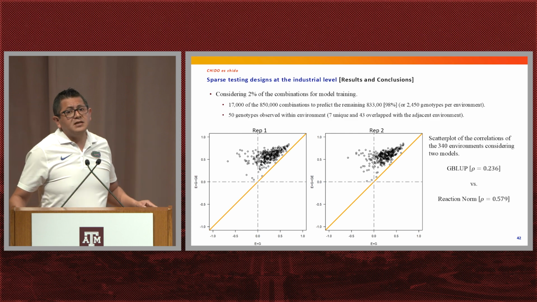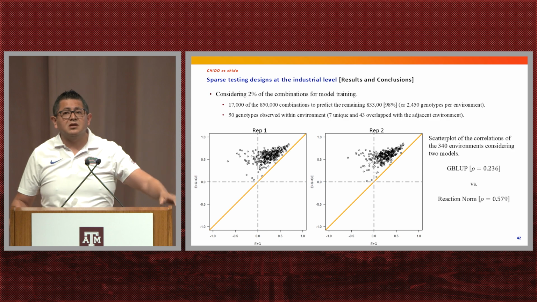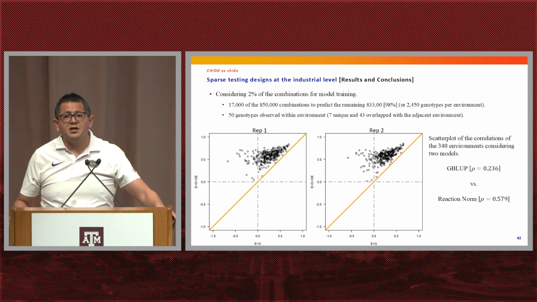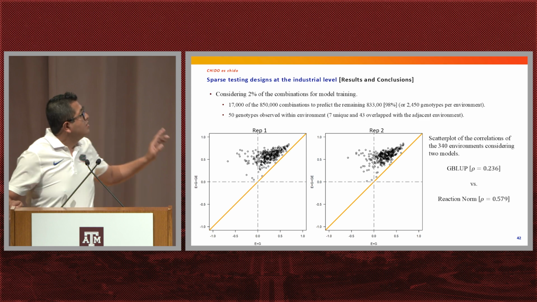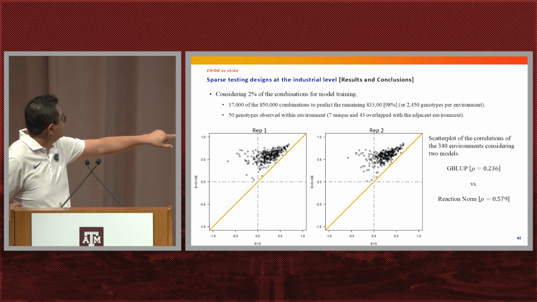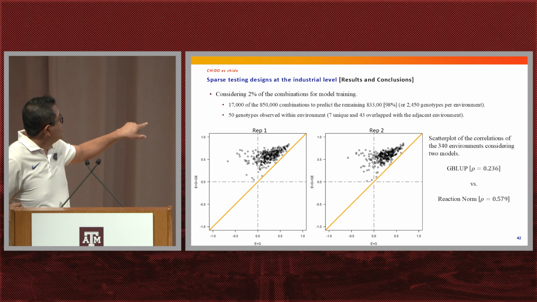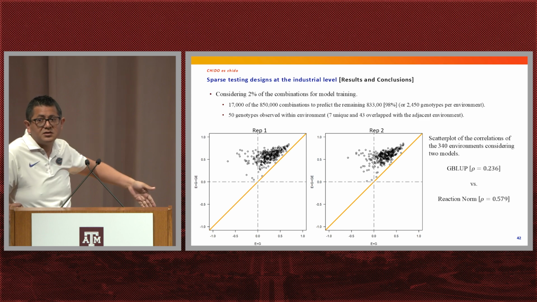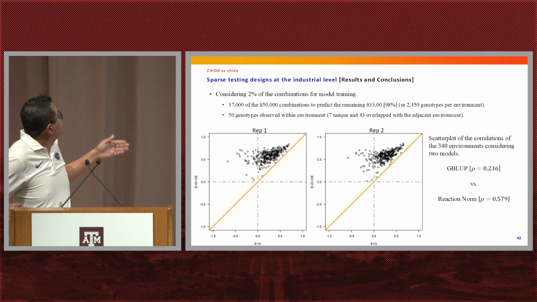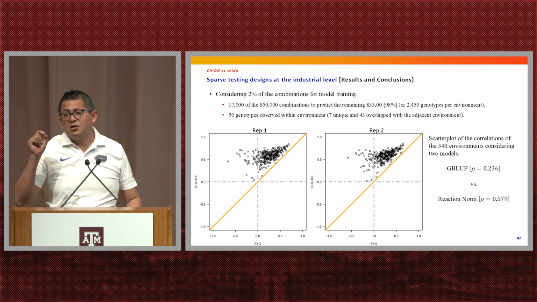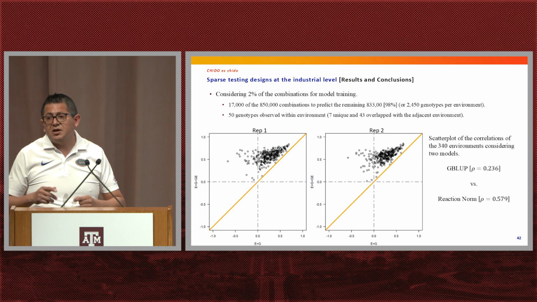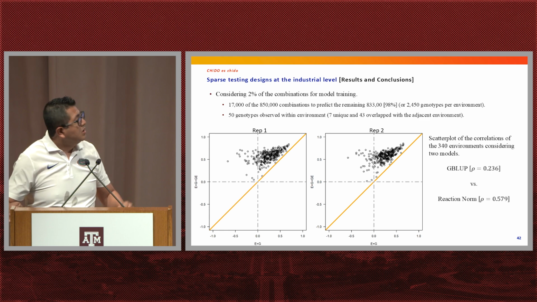For the first case, where we select 50 genotypes per environment in a way that 7 are unique and 43 are common with the neighbor environment, for the 2 reps, the x-axis shows the result for the main effect model and the y-axis the results for the G-value model. Each dot corresponds to the correlation between predicted and observed values with both methods.